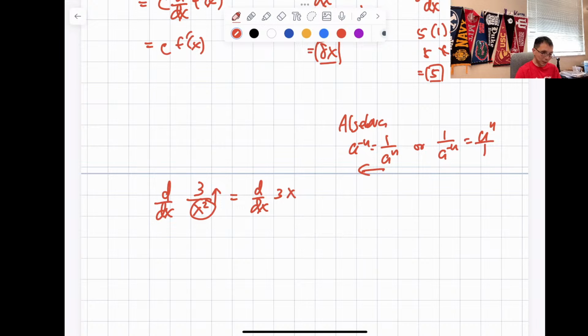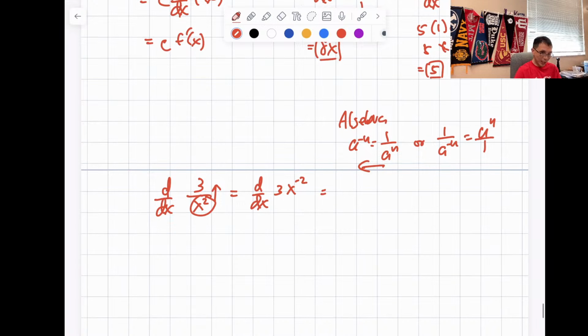So therefore it's going to be 3 times x to the negative 2, using the negative exponent rule. And if you do that, 3 times negative 2 times x to the negative 3 gives negative 6 over x cubed. This is your final answer. Hopefully you get this.